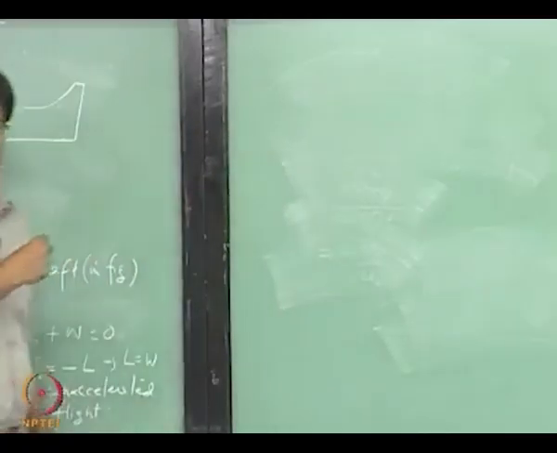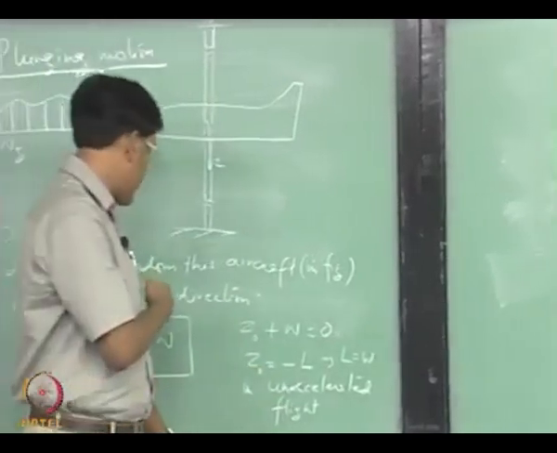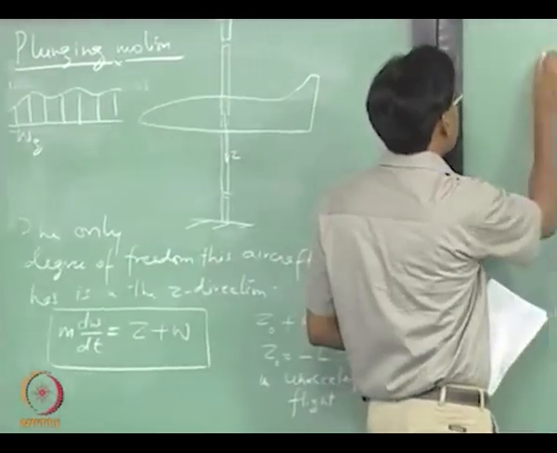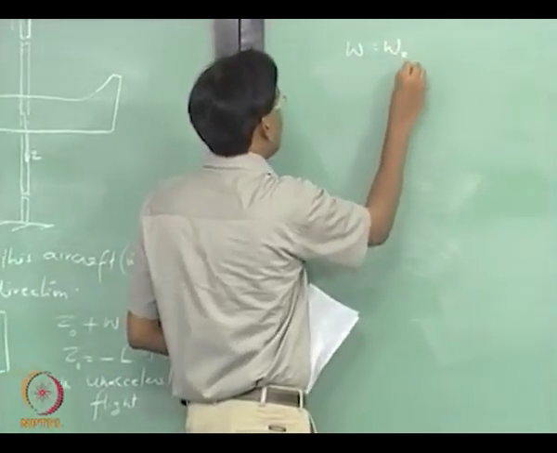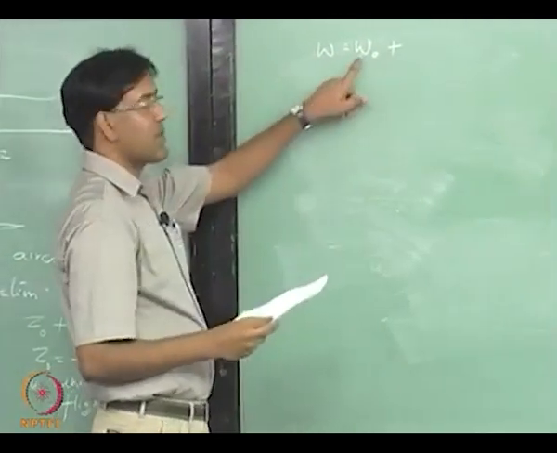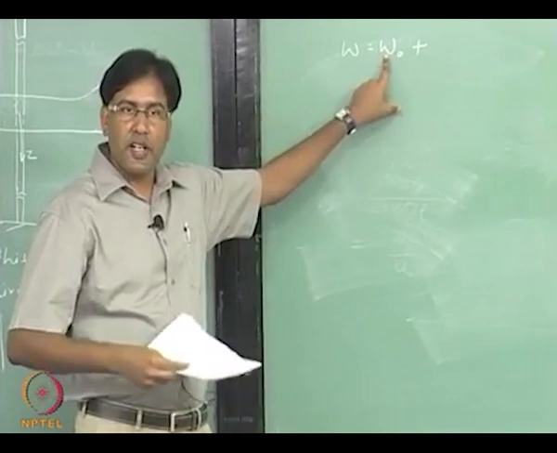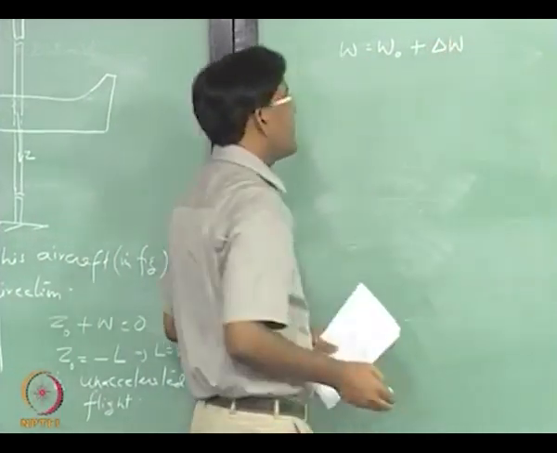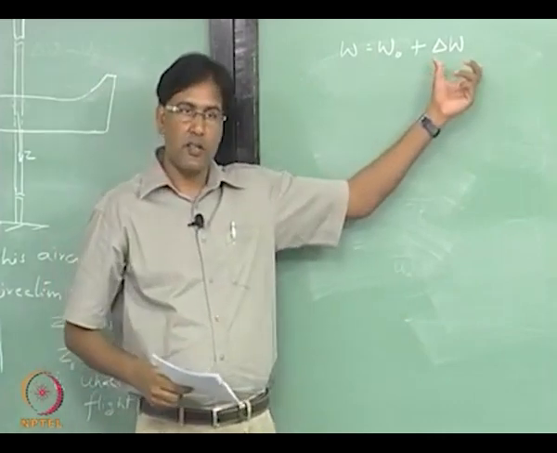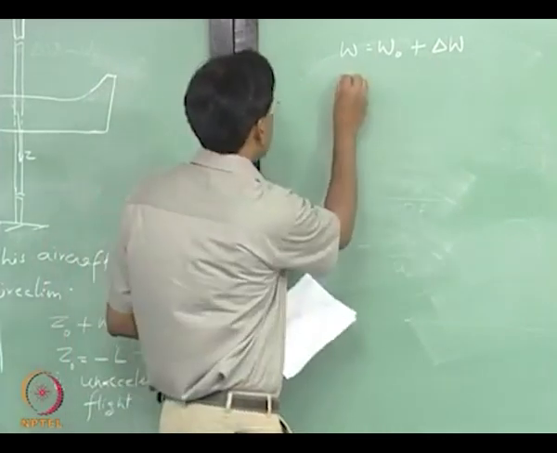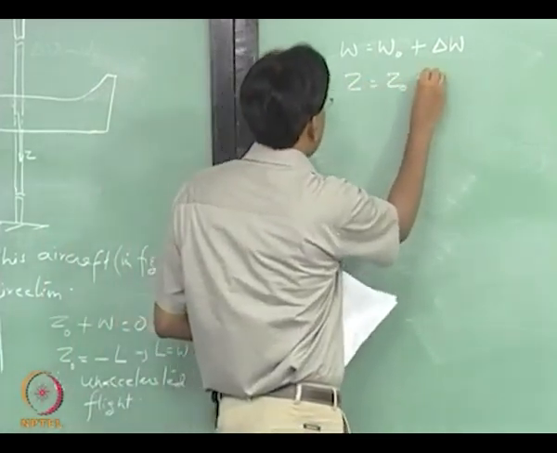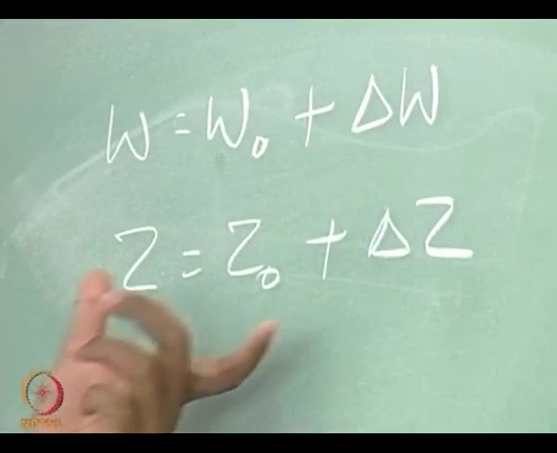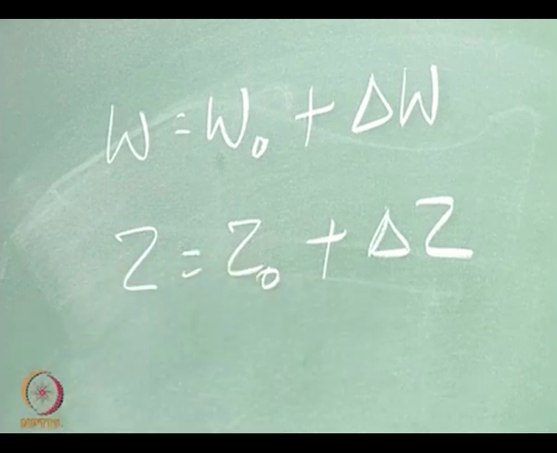Now, let us take a perturbation from this condition. We will assume that the equilibrium vertical speed is w naught, and then add a delta w to that, and this is going to change the force in the vertical direction, right.